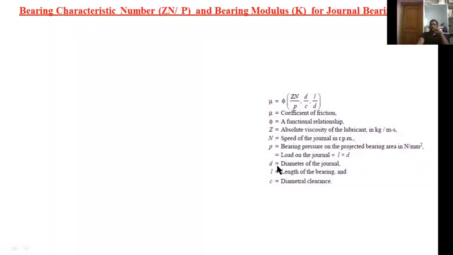So pressure P equals the load on the journal, that is W by L into D. Here small d is the diameter of the shaft, and L is the length of the bearing. C is the diametral clearance. Diametral clearance is the gap, the difference between the diameter of the bearing and the diameter of the shaft.